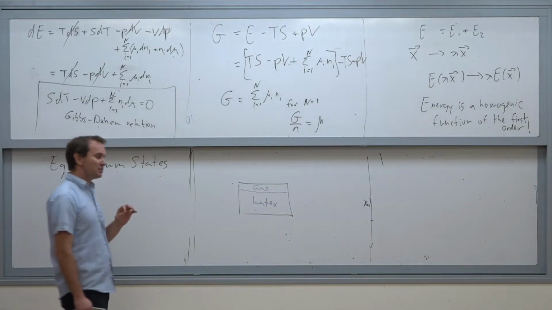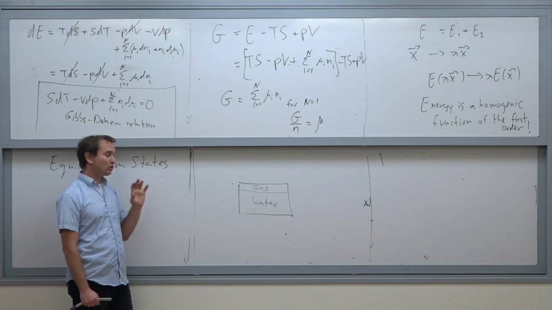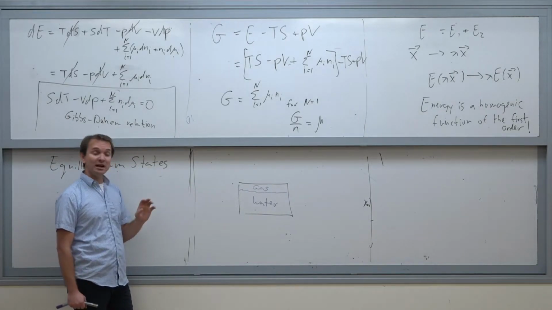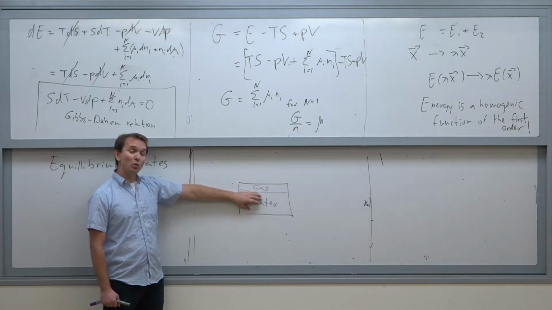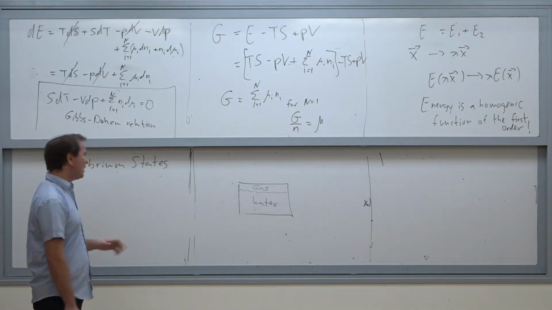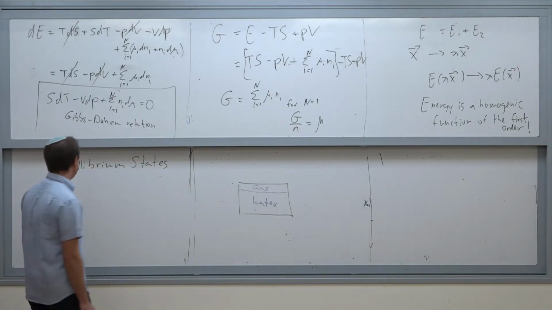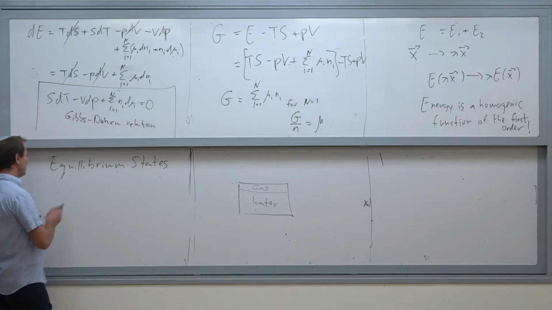By exploring the property that state functions or their derivatives are not exactly continuous, we can learn about what happens to water, and how the transition between different phases of matter can occur. So we're now moving to the subject of equilibrium states and phase transitions.